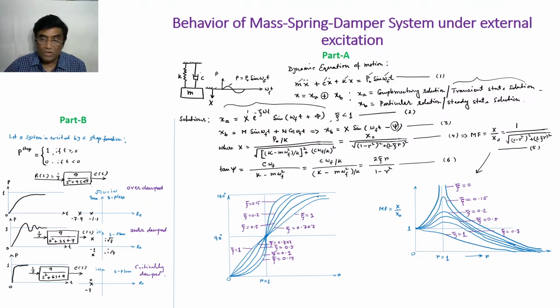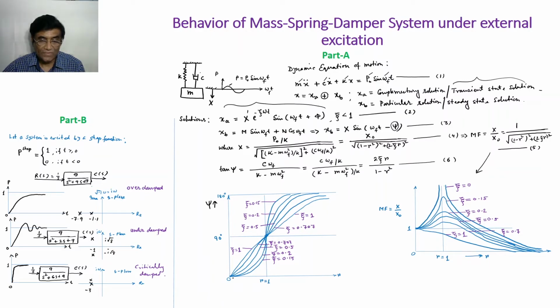And if I plot tan psi, you see, this is psi, the plot will be like this. At 180 degrees it will be an asymptote, and as you see, the phase changes drastically at pi by 2.